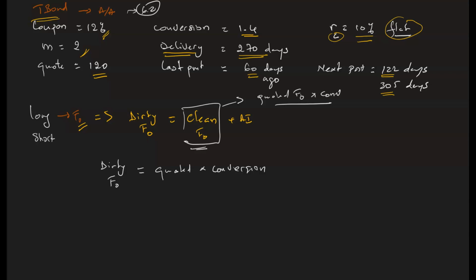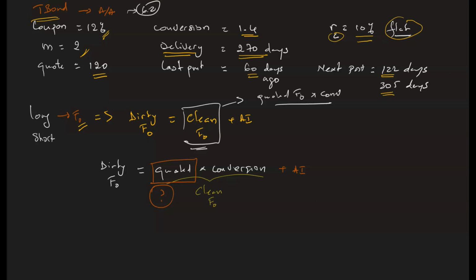That's what makes up our clean futures price, and to this we add accrued interest. Our goal ultimately is to find this quoted futures price on that specific bond that's to be delivered.